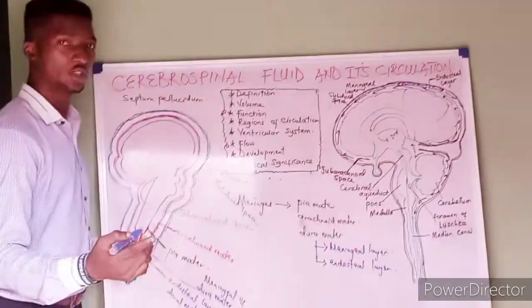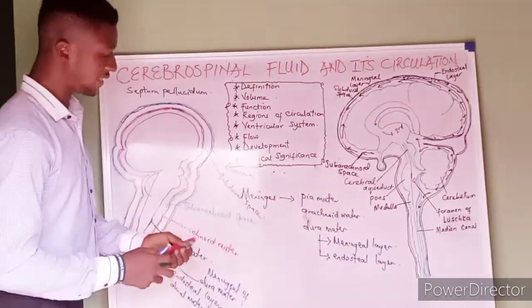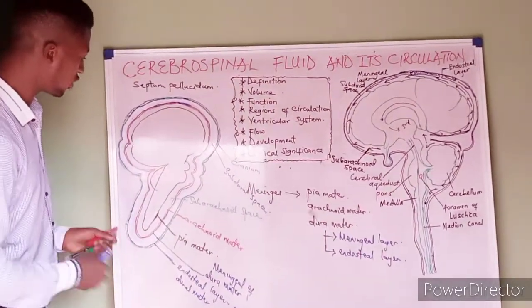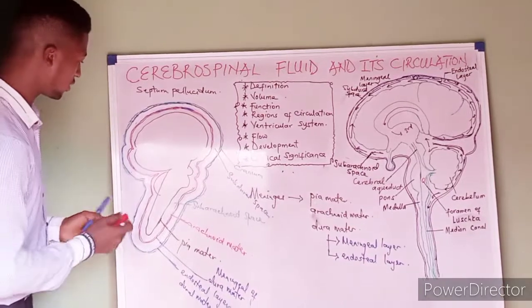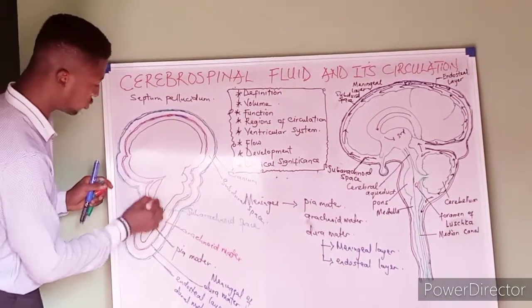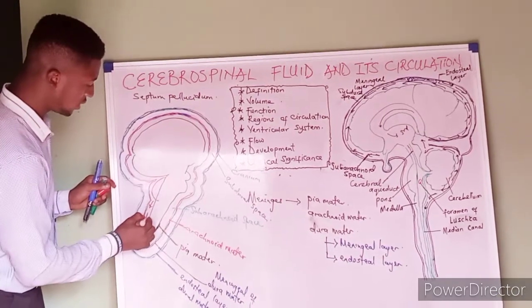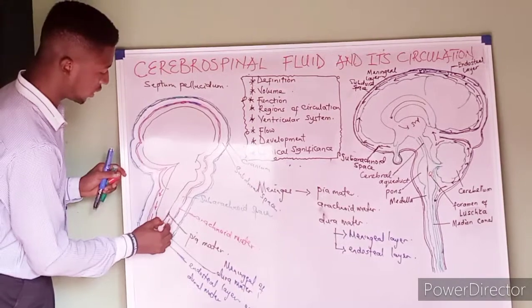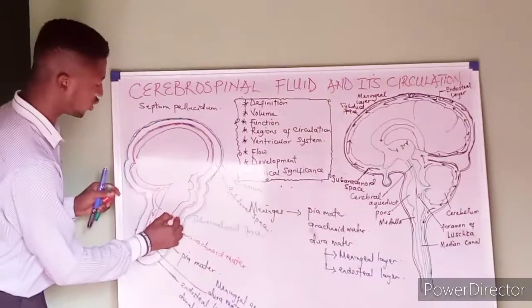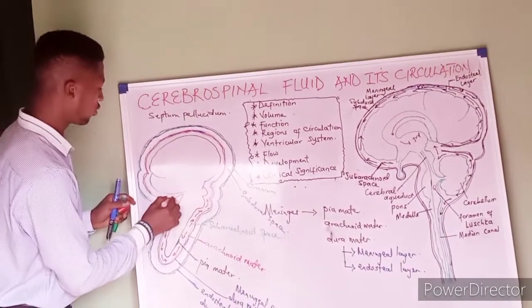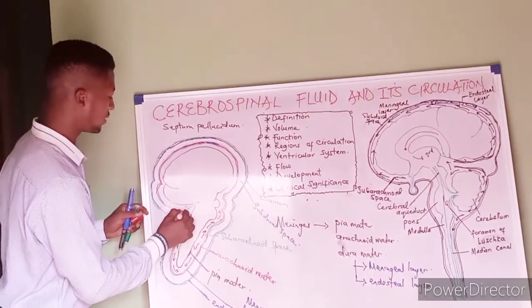Do not forget from where we stopped that there are different foramens that open into the subarachnoid space. This is the subarachnoid space. Now we have the flow of fluid in the subarachnoid space. We have the cerebrospinal fluid flowing in different directions: upward, downward, forward, backward, through foramens.